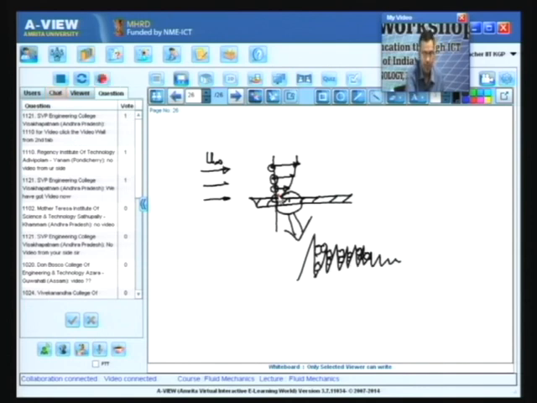Therefore, to discuss viscosity, it is important to relate viscosity with a mathematical equation.